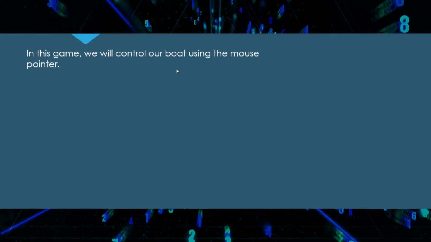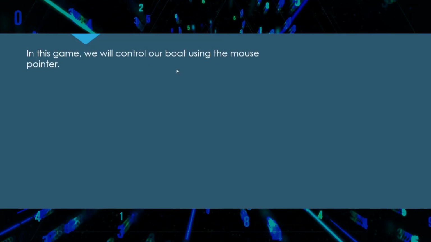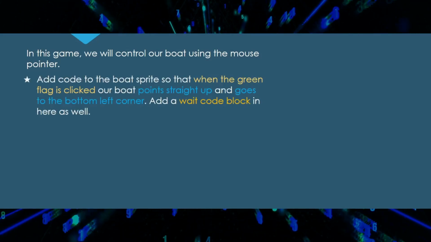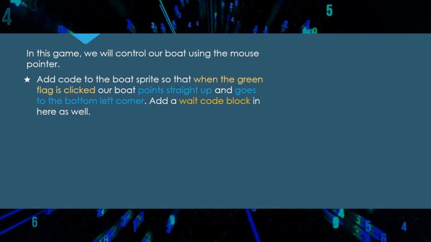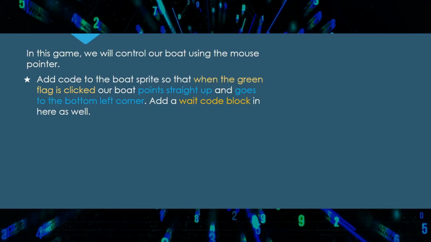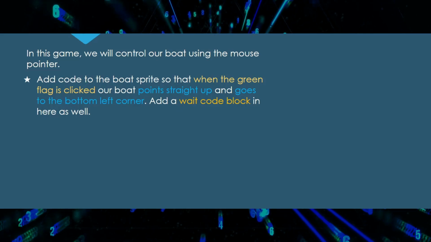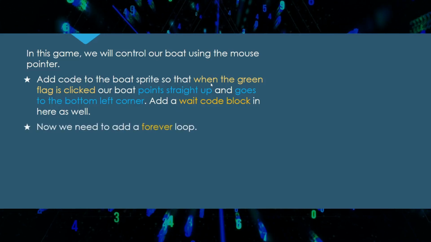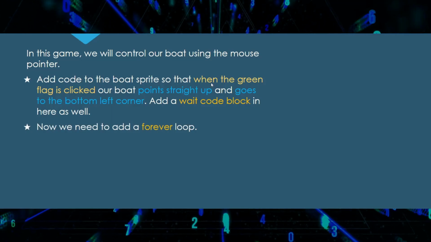In this game, we'll be controlling our boat using the mouse pointer. Add this code to the boat sprite so when the green flag is clicked, our boat points straight up. And it goes to the bottom left corner, and add a wait code block in here as well. Then we will need to add a forever loop.